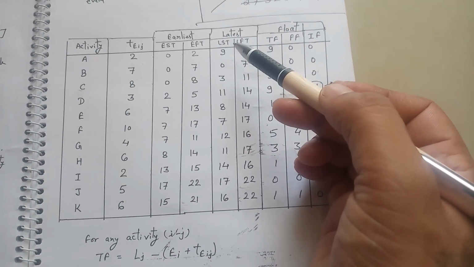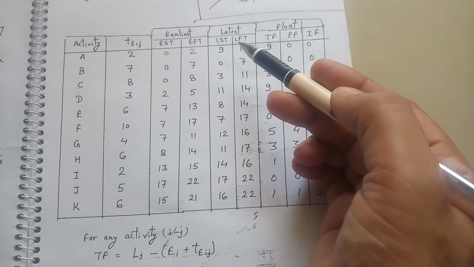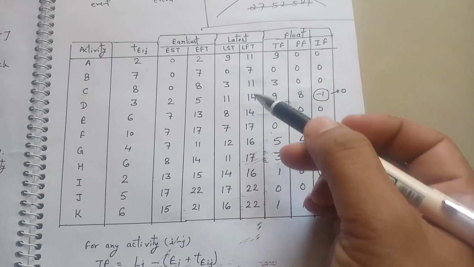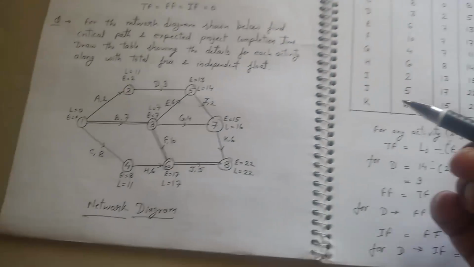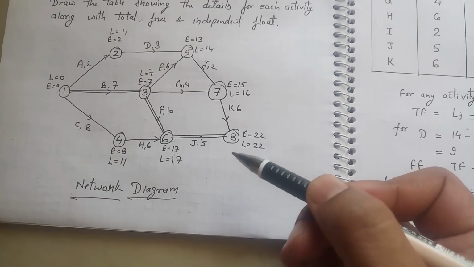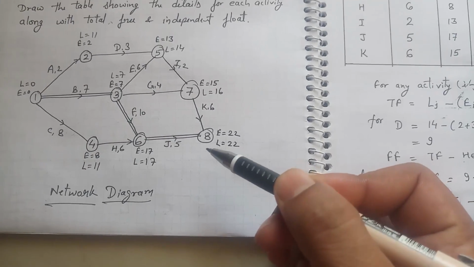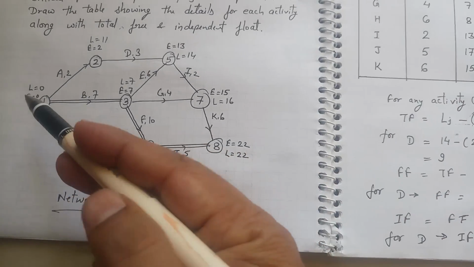When we calculate latest start time or latest finish time, we have to go from the ending point. It means we have to calculate from event 8, then go back to event 1.